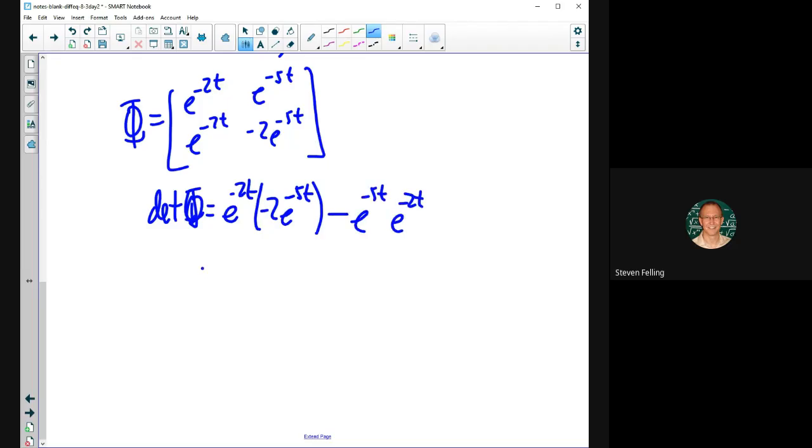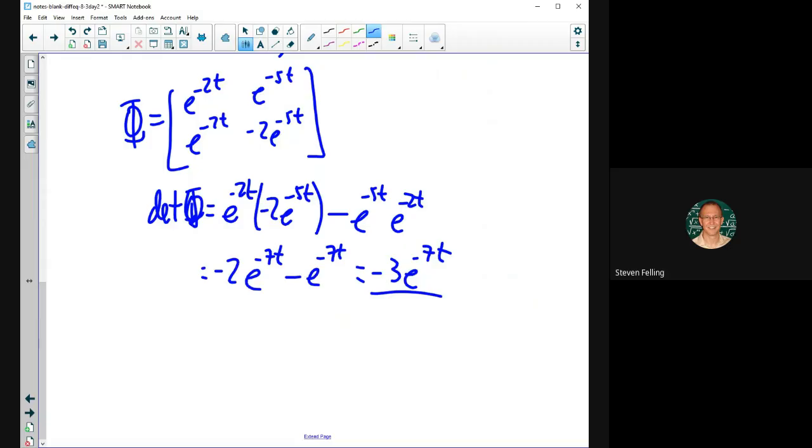Okay, so that's going to be negative 2, and then e, and when I add negative 2 and negative 5, I get negative 7t, and then minus e to the negative 7t. So negative 2 minus 1 is going to give me negative 3 e to the negative 7t. So this is the determinant.